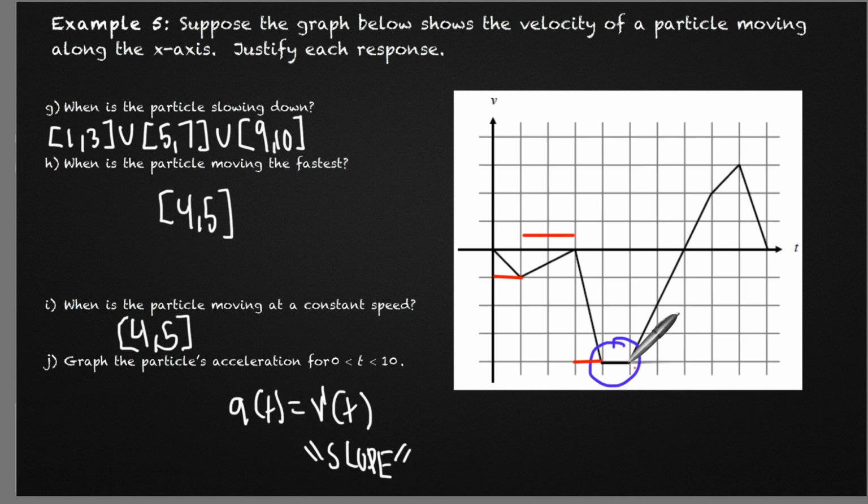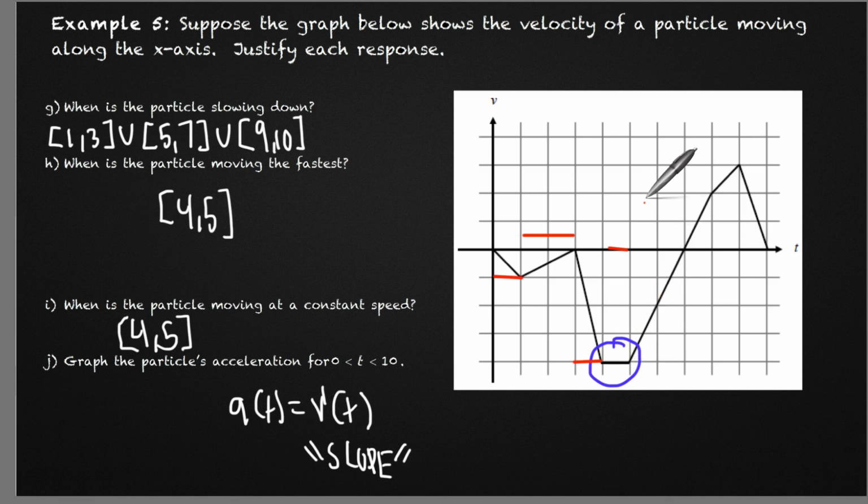Now, this has a slope of 0. So we'll just put a line right here. There we go. And then we have a slope of, let's say, 1, 2, 3, 4, 5, 6, 1, 2, 3. So up 6 over 3. That's up 2 over 1.